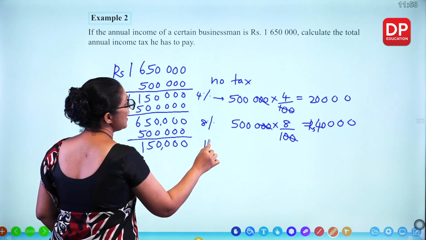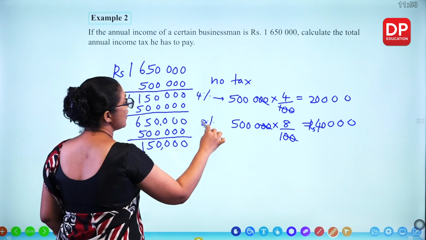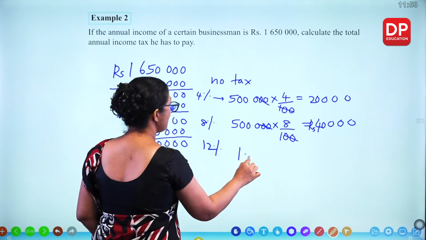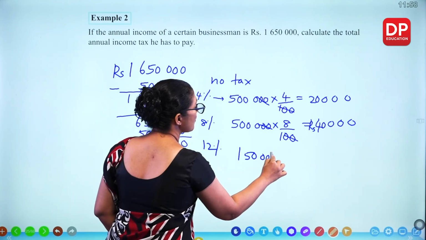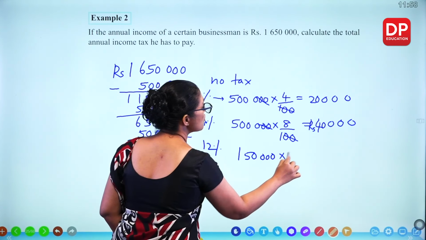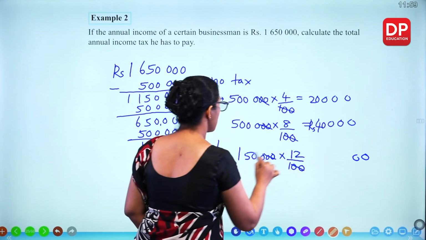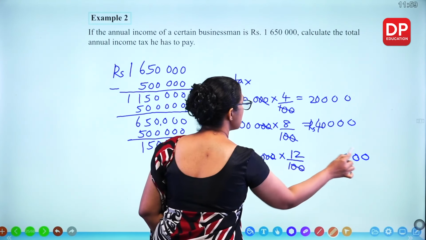So that's less than 500,000, so we need to pay 12% of that amount. 150,000, 12% of that. 2 zeros get cancelled out. 12 times 0, 0, 0. 12 times 5, 60. 6 is remaining. 12 times 1, 12. 12 plus 6, 18. 18,000 for this value.